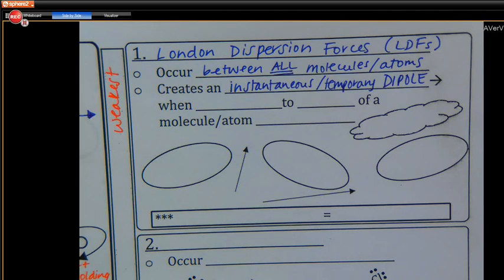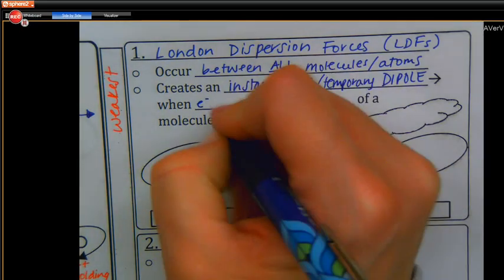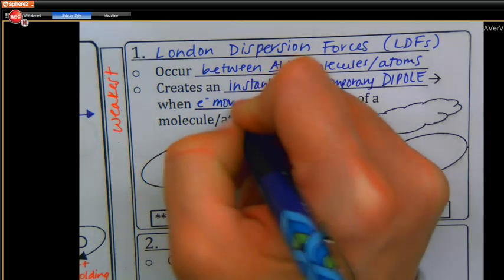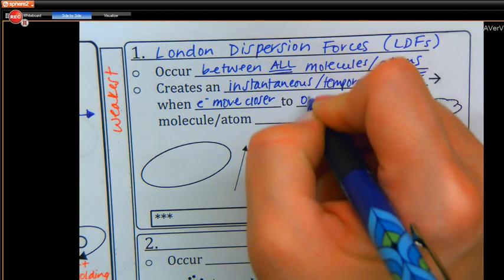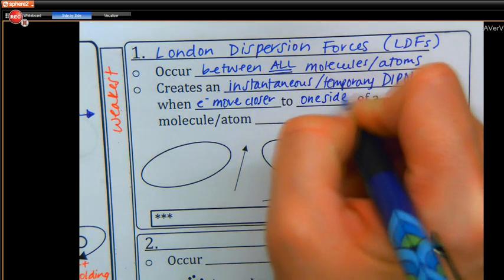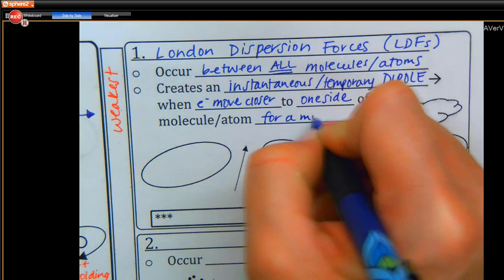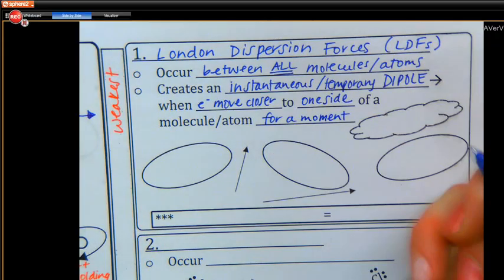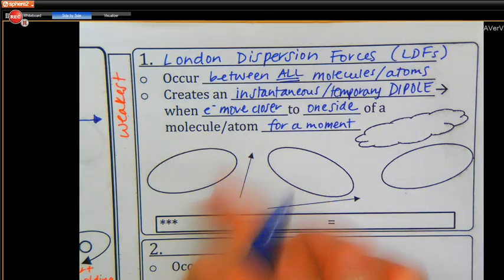And so they kind of realign themselves so that their slight negative and slight positive ends are attracted to each other. So this attraction between the slight negative, slight positive ends of different molecules, that is your London dispersion force.